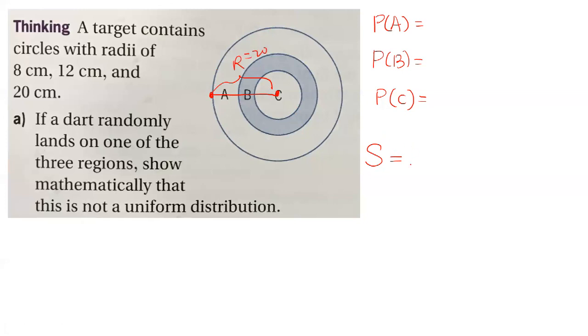So the area of the very large circle is pi times 20 squared, which is 400 pi, right?